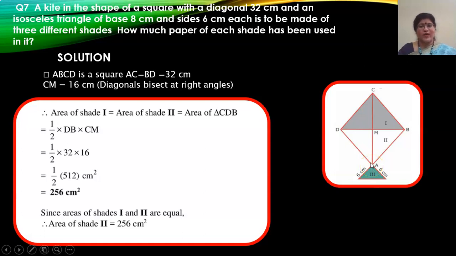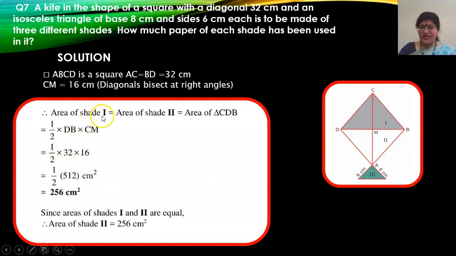The diagonals of a square are equal, and they also bisect each other. That means they cut each other into equal parts. So CM is equal to MA. So if the whole CA is 32 centimeter, what will be CM? It will be half of CA, that is 16.